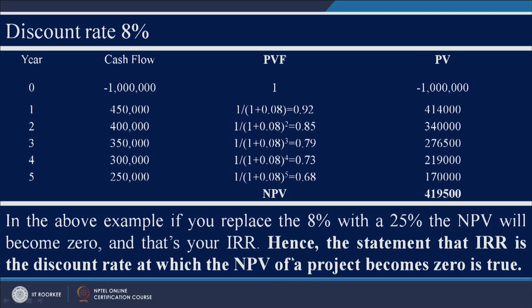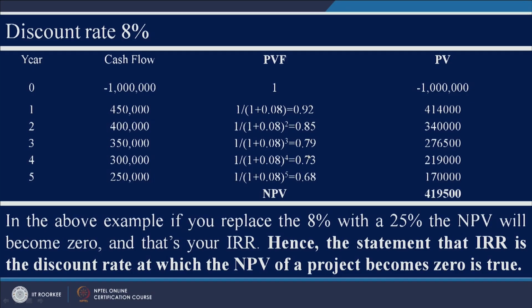So, let us check whether this statement is correct or not. The statement is that IRR is the discounting rate at which NPV of a project becomes 0. So, let's replace this value by 25%. What will happen? It is 1.1 plus 1.25, right, 1.25, 1.25, 1.25, so square, cube, to the power 4, to the power 5.